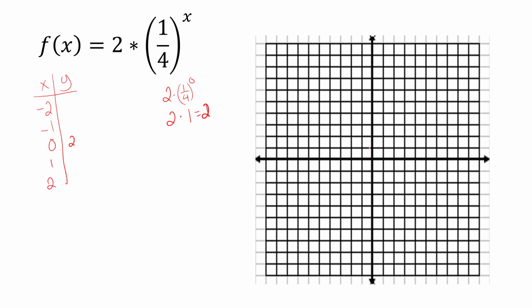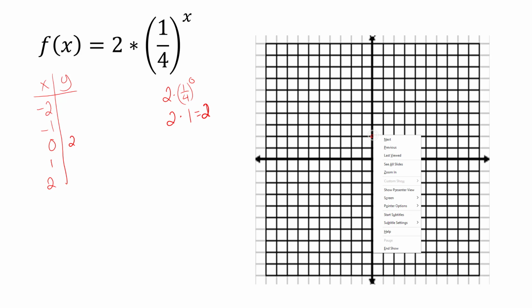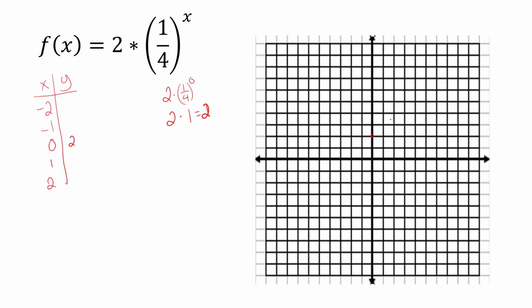Notice this is the first graph where we did not end up with an ordered pair at 0, 1. Rather, we ended up with an ordered pair at 0, 2. Now, why did we end up with an ordered pair at 0, 2? The reason is because this value here doubled our 1/4 to the 0th power. Well, we saw that in some of our previous units.